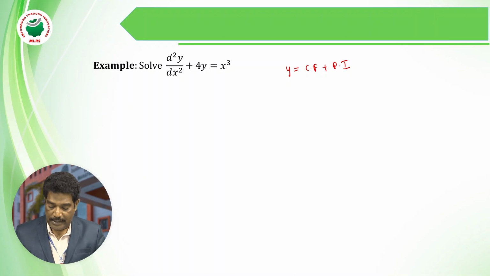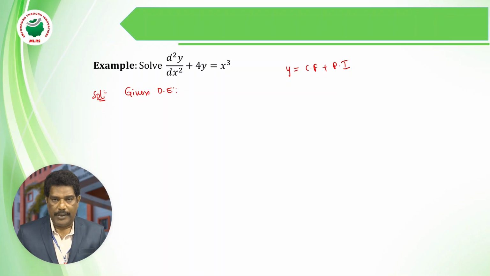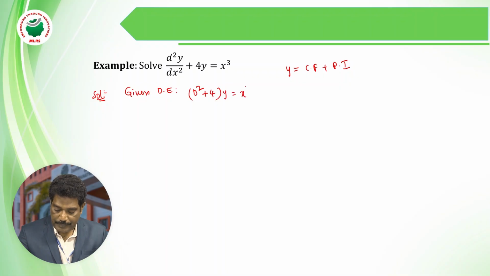Let's start by finding the complementary function. Let's take the given differential equation and write it in the form of a differential operator. So d square y by dx square, I am writing directly as D square plus 4 into y equals x cube.